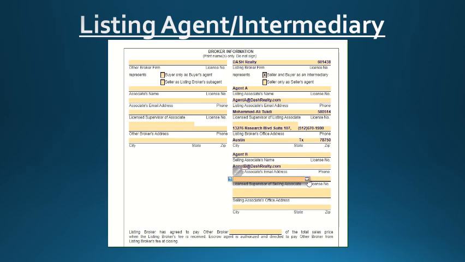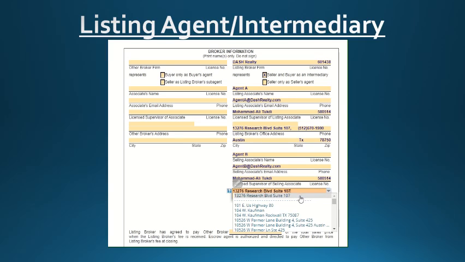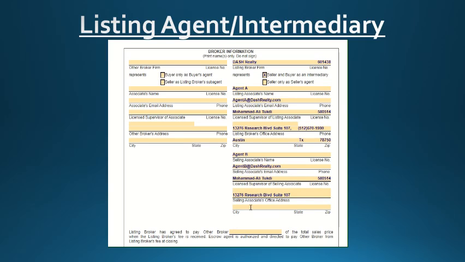Agent B's licensed supervisor is Ali again. Ali's license number. Address to the office. City, state, and zip. Commission to the buyer's agent.